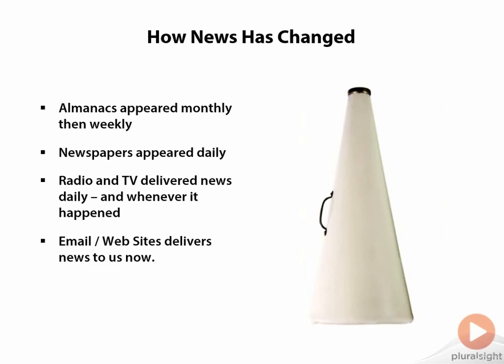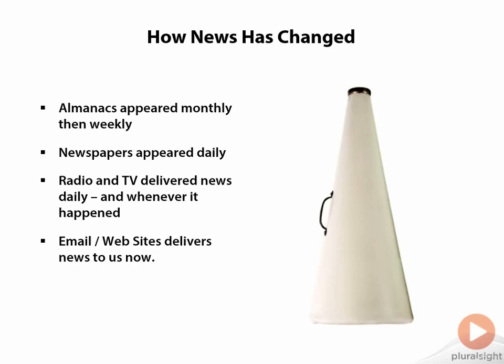When it gets down to news, news has changed. It used to be, in Ben Franklin days, that you published an almanac, and that included some information, and it was news-ish, but it came out monthly or maybe weekly. Well, then newspapers came out, and the web press came, and now we have them daily. So newspapers could be printed daily, and we were great that we were getting information so up to date.